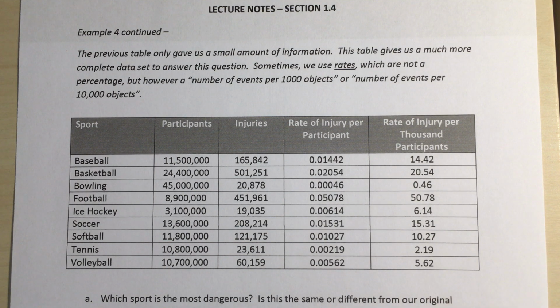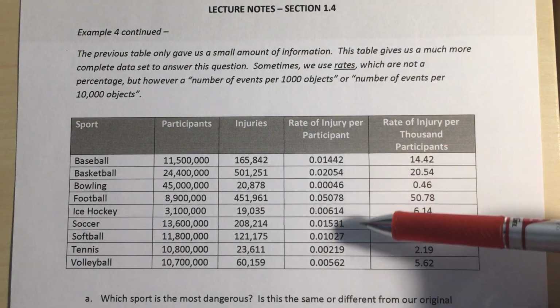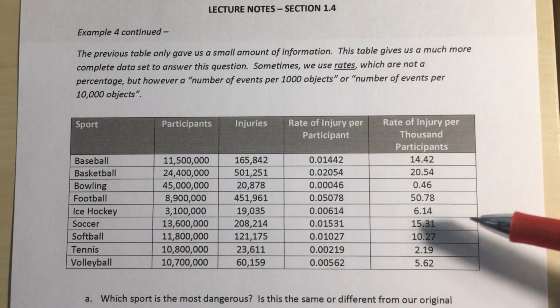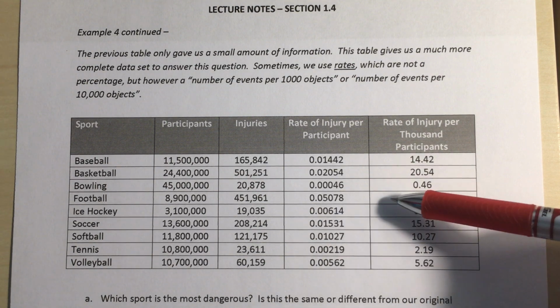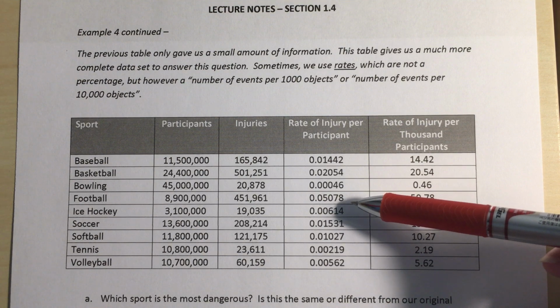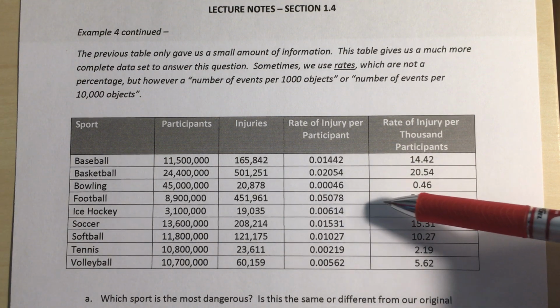Now using this complete list of information, which sport is the most dangerous? Whether we're looking at the rate of injury per participant or the rate of injury per 1,000 participants, in both cases this value, 0.5078 or 50.78, is the highest in both of these columns.